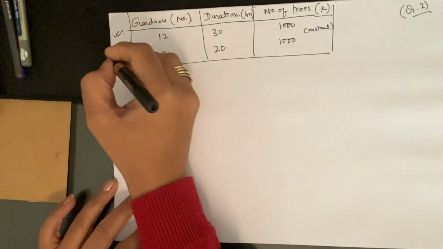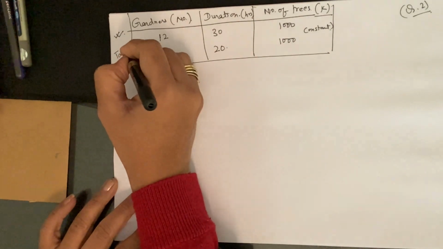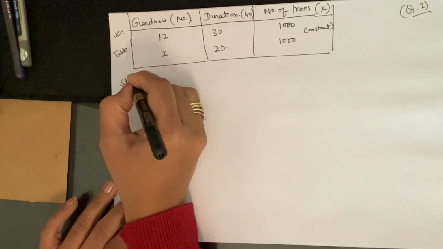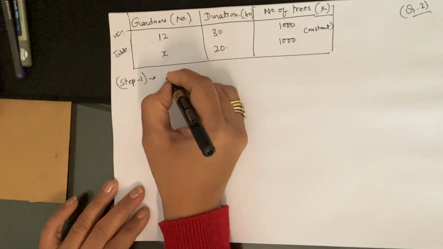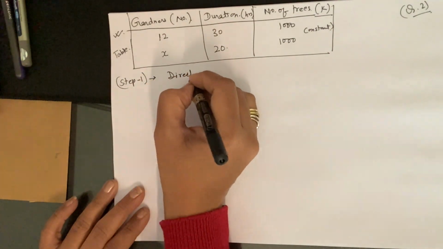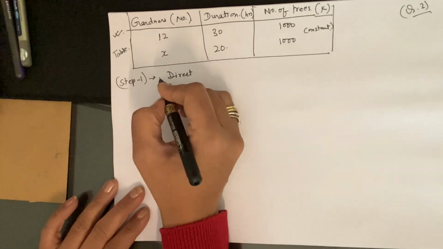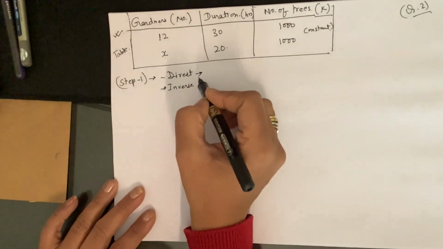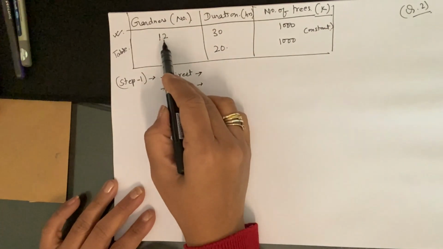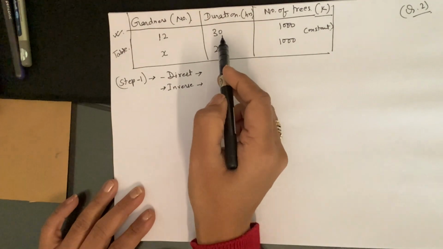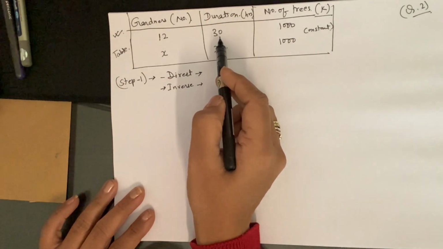So now since your analysis is done, table is done, now you will move on to step 1. That is, is this a direct proportion or an inverse proportion? So here you have to talk to yourself, visualize that when the number of gardeners is 12, they are taking 30 hours.